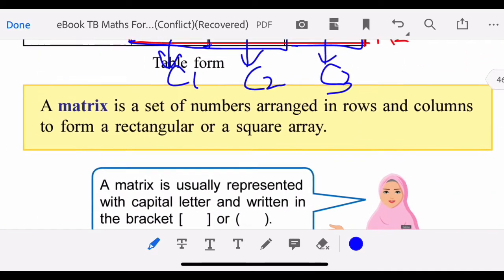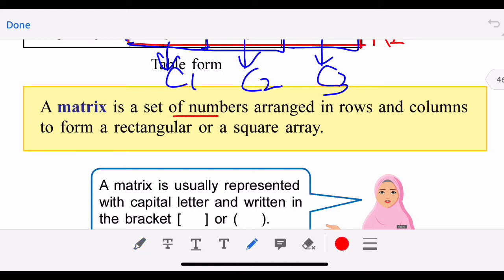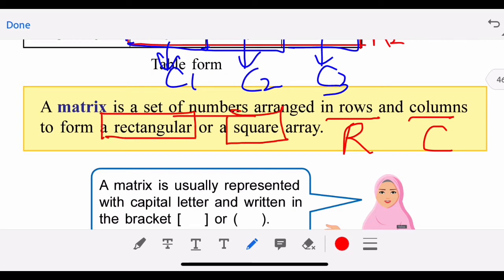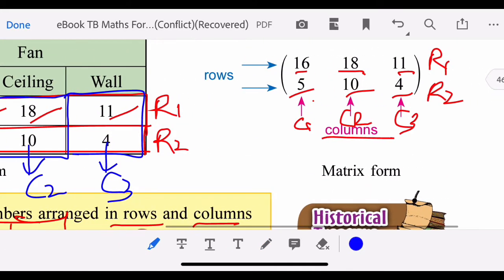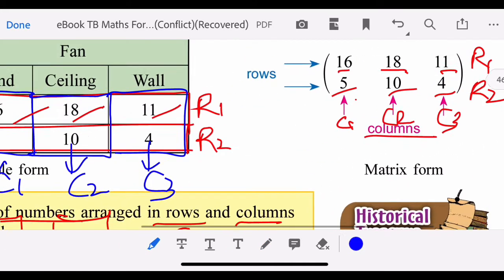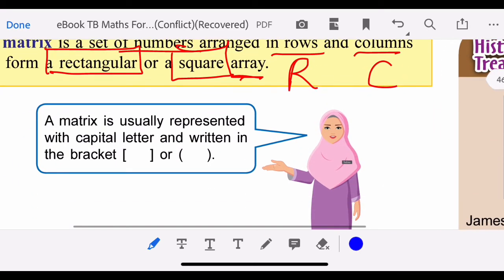Okay, so what is a matrix then? A matrix is a set of numbers arranged in rows and columns, R and C, to form a rectangular or square array. Okay, so you can use either a rectangular or square array, depending on the table.